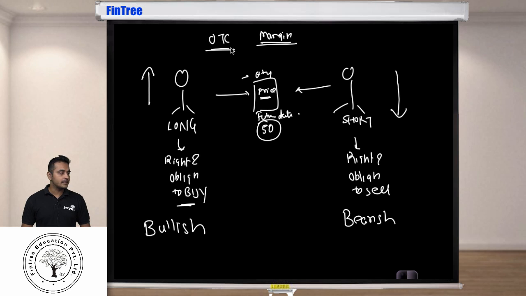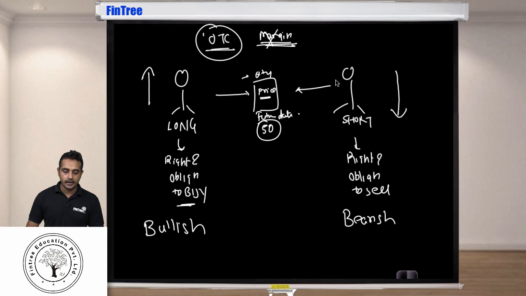So if it's an OTC product under US regulation, then some products might require a margining system. But for exam purposes, right now we will just say that there are no margins, because it is an OTC contract, and one of the benefits of OTC is that it allows you to customize.